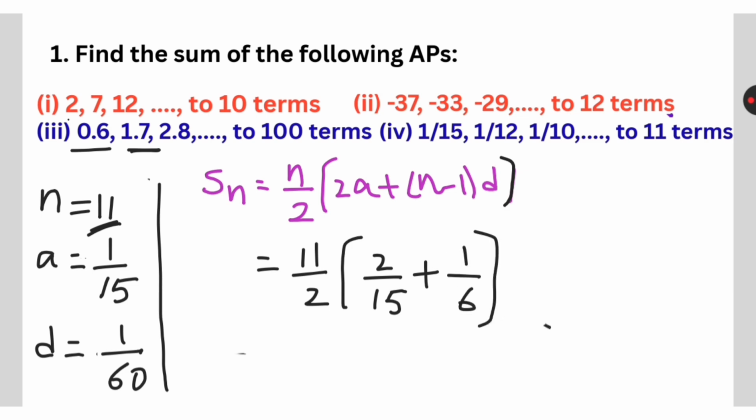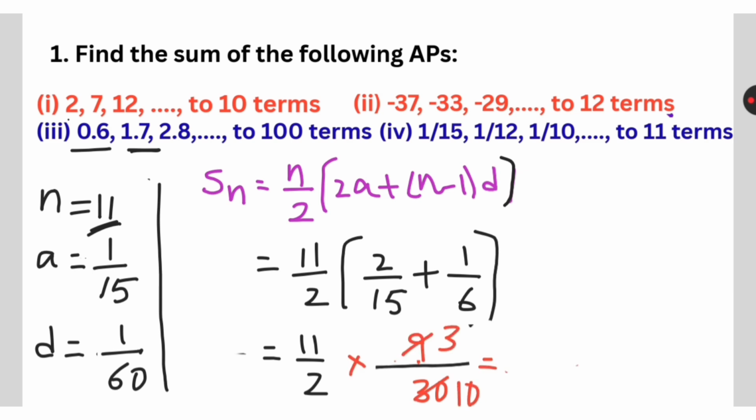Let's take the LCM for 15 and 6. For 15 and 6 the LCM is 30: 2 times 4 plus 5. So 4 plus 5 turns into 9. Here we have 9 over 30. So 3 3s are 9, 3 10s are 30. So finally we are going to get 11 times 3, which is 33, as the numerator, then 2 times 10, which is 20, as the denominator. So this is the Sn for the fourth one.